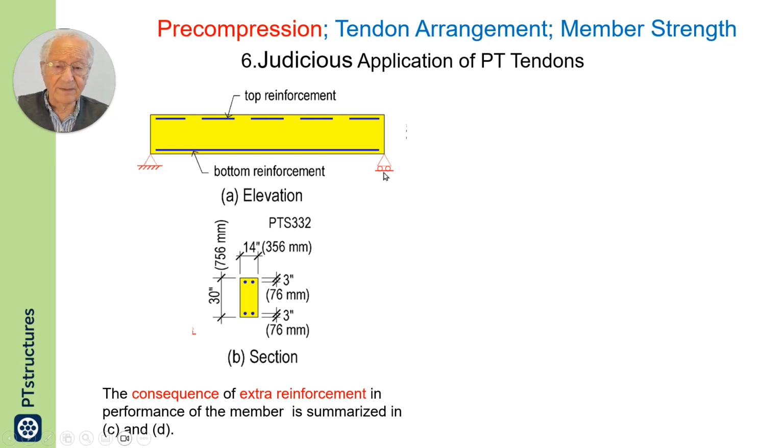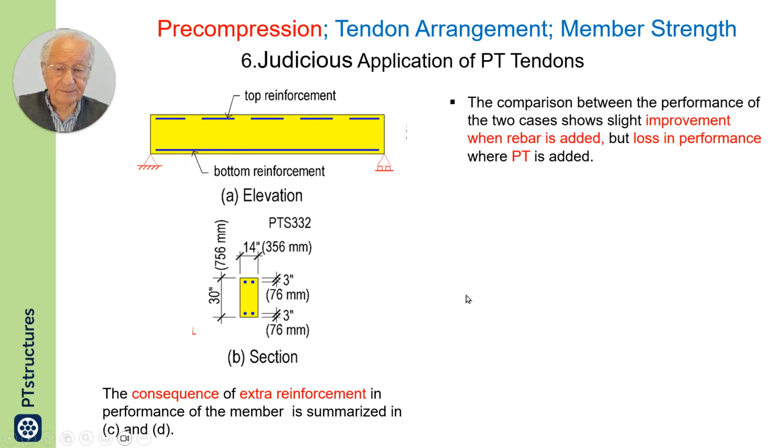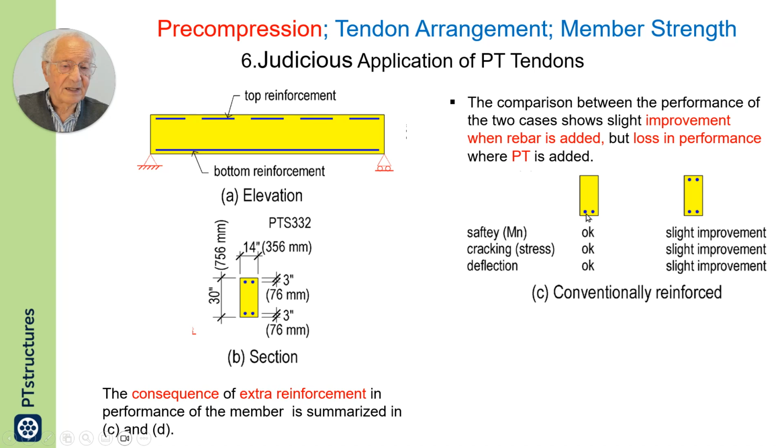This is the elevation, added rebar or added PT on the top bar. The comparison between the performance of the 2 cases shows slight improvement when rebar is added, but loss in performance when PT is added.